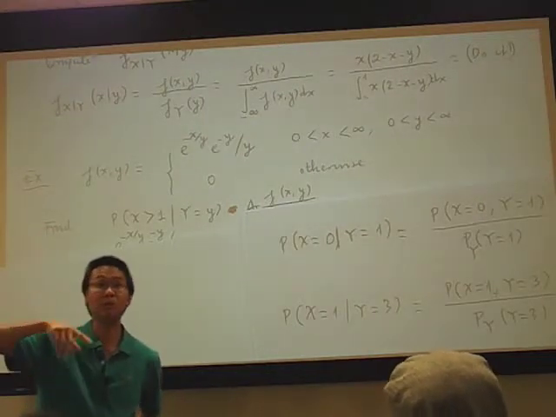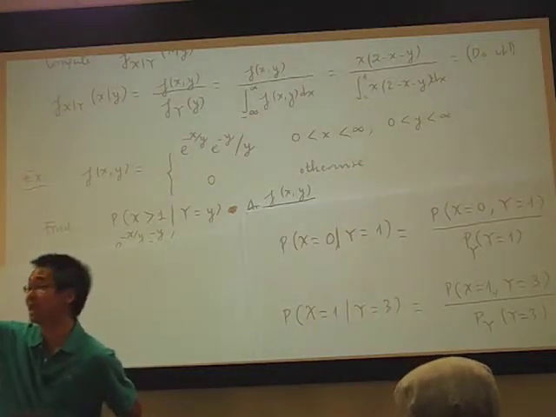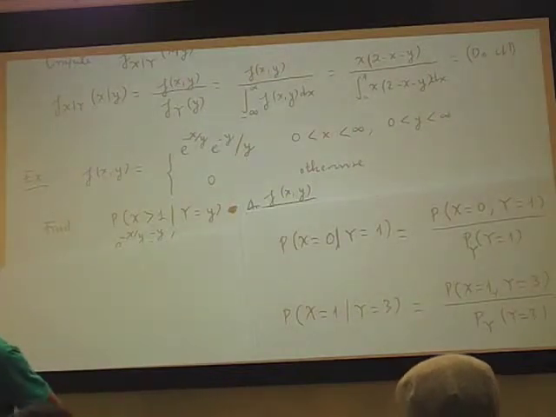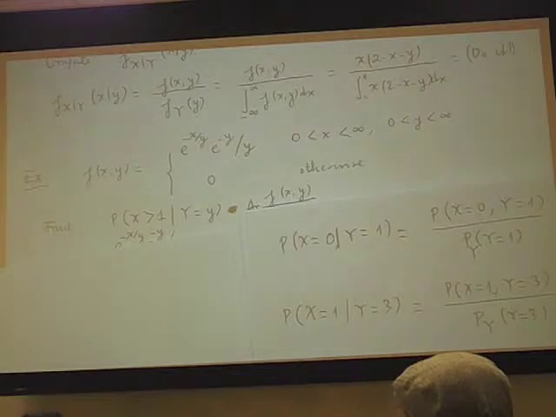Because you want to compute the probability of x bigger than 1. Right? That's the CDF. You have to integrate from 1 to infinity with respect to x, for example. So now, after I told you that, can you show me how to do this problem?